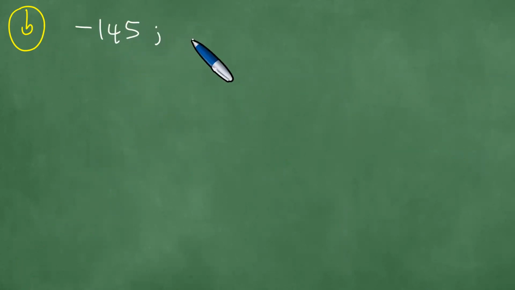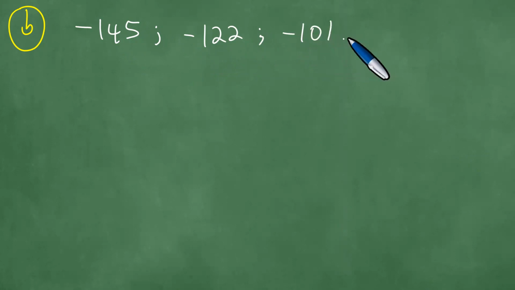Looking at part B of this, we first write down the progression, which is the quadratic progression: minus 145, minus 122, minus 101.